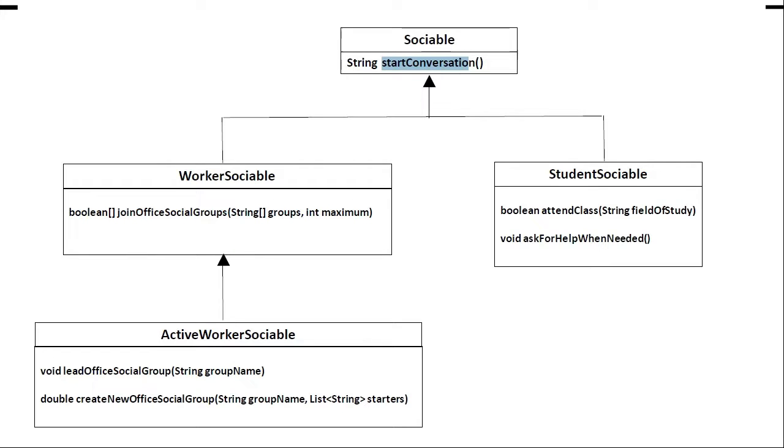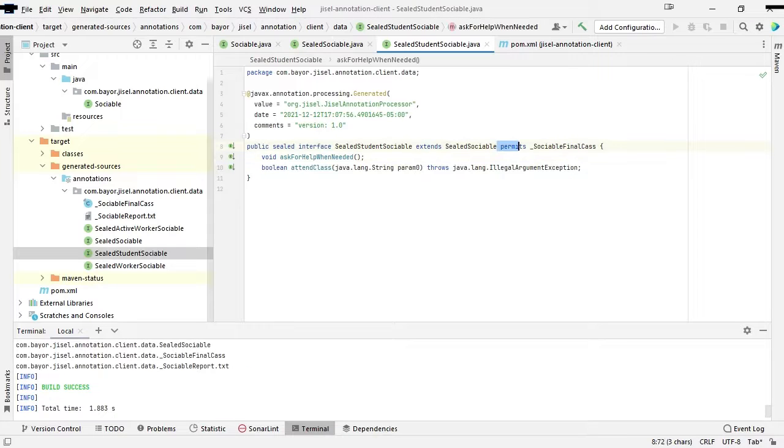Because of that, according to the concept of sealed interfaces and sealed classes, the code actually wouldn't compile if you have the definition of a sealed interface without a permits section here.